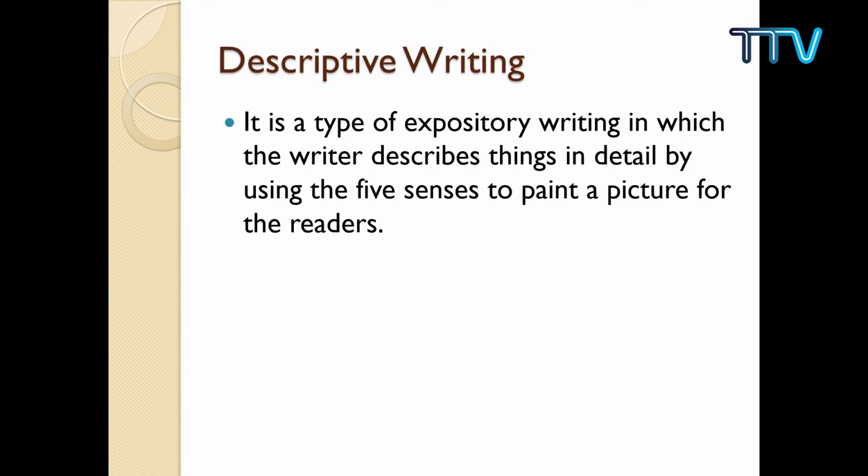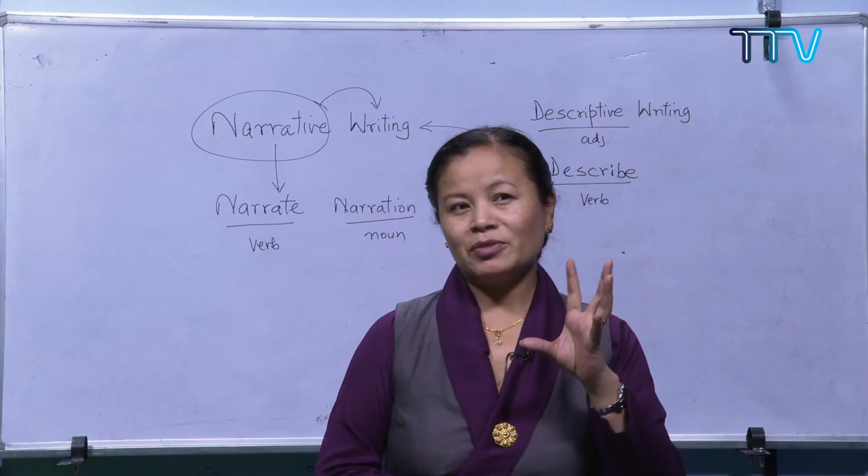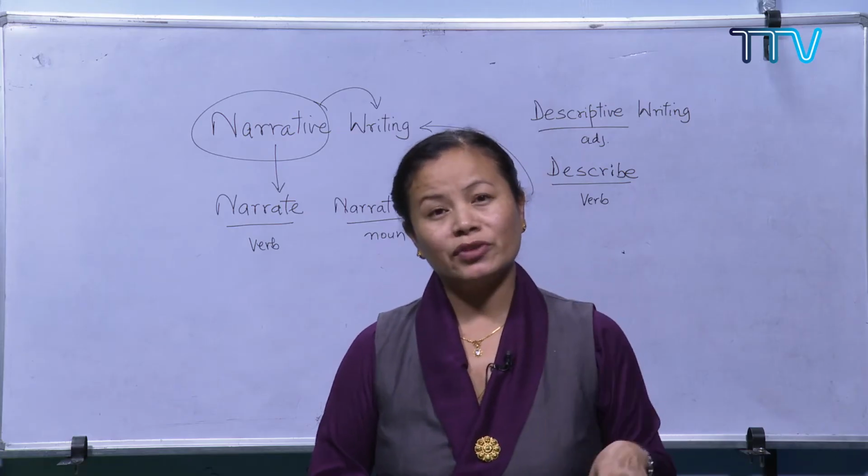Expository writing is informative writing where the writer explains or informs. Descriptive is a type of expository writing, but you need to understand that not all expository writing may be descriptive writing.